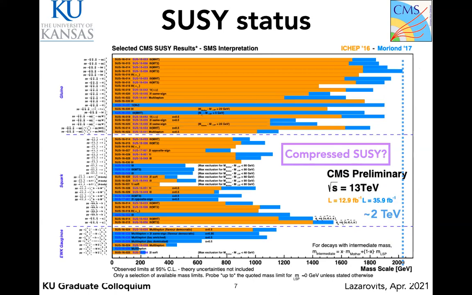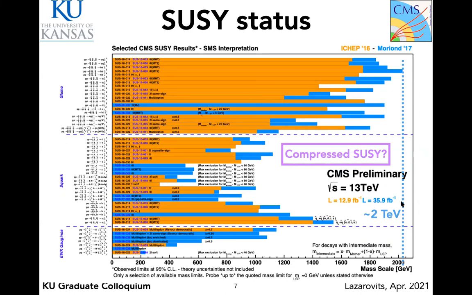I know there's a lot going on, but what you just need to know is, according to this mass scale down here on the x-axis, the highest masses of supersymmetric particles that we have probed so far with the LHC only extend to about 2 tera electron volts. And we've gotten up to this mass and obviously haven't seen any evidence of SUSY, or convincing evidence of SUSY yet, otherwise you would have heard about it.